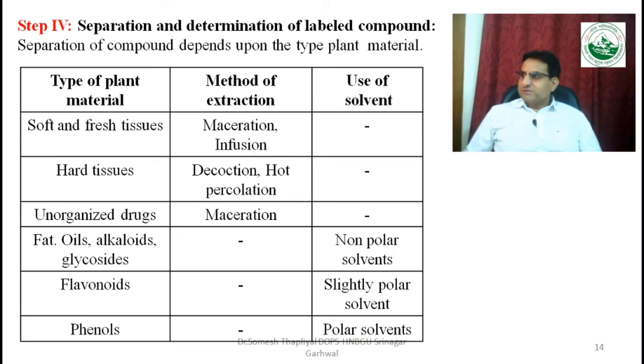Hot percolation means using the Soxhlet apparatus, and for unorganized drugs, the maceration method is used. For fats, oils, alkaloids and glycosides, non-polar solvents are commonly used, whereas for flavonoids slightly polar solvents are used, and for phenolic compounds, polar solvents are commonly used for separation.